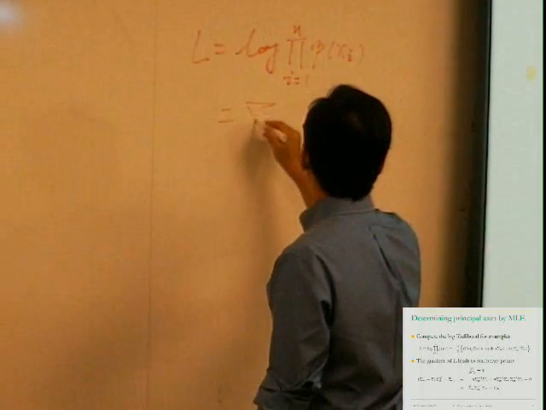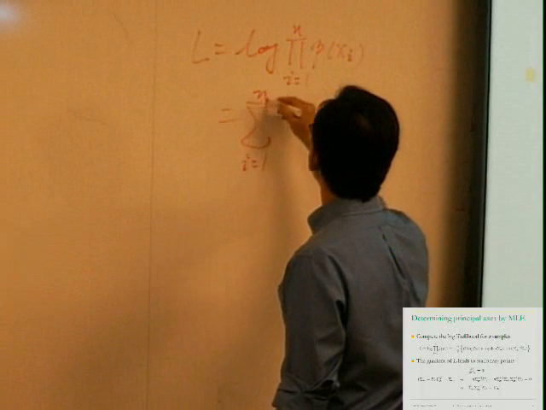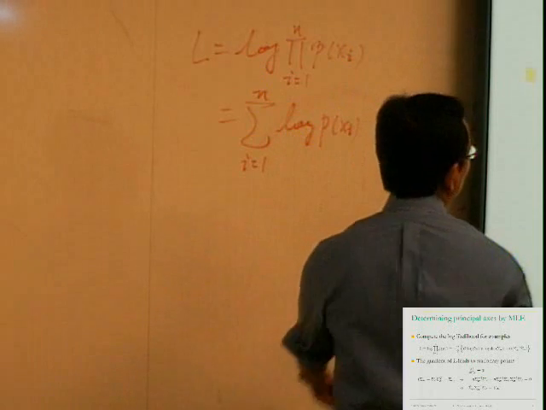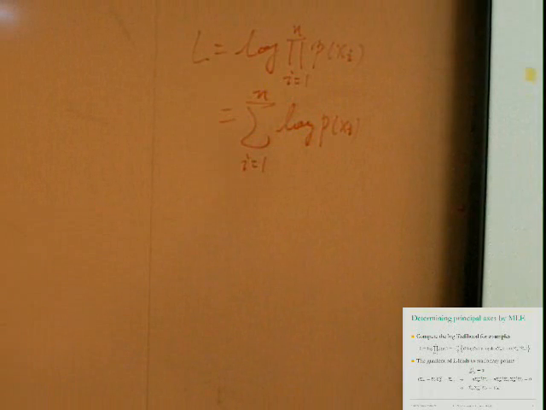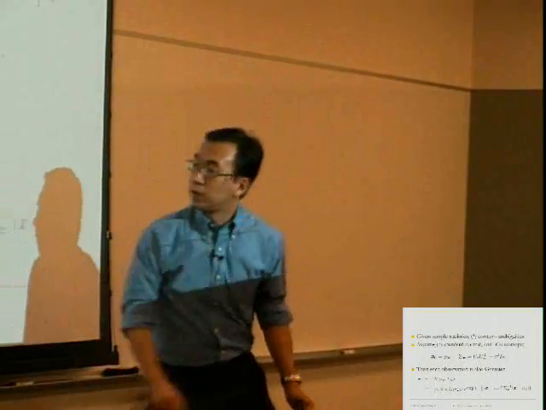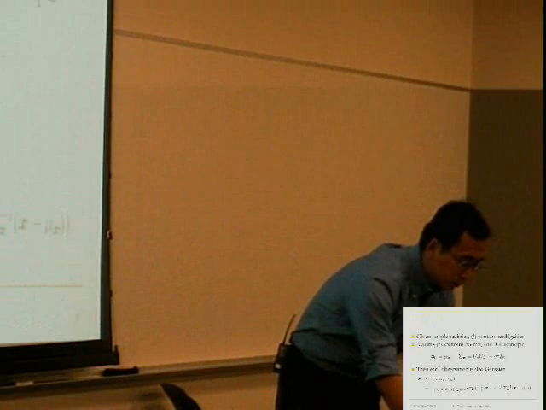So it's equal to the summation from i equal to 1 to n of log P of xi, right? And you bring the probability of P of xi like the following into that equation.